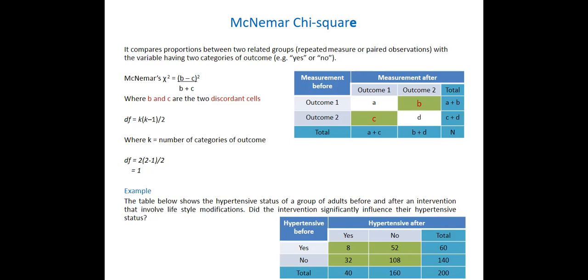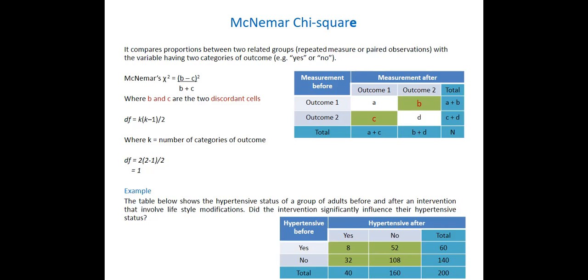It is unchanged, the concordant. Then 108 were not hypertensive before and are still not hypertensive after. But we have these two others that are discordant, which are 32 and 52. 52 were hypertensive before, and are not hypertensive after. 32 were not hypertensive before, and became hypertensive after.